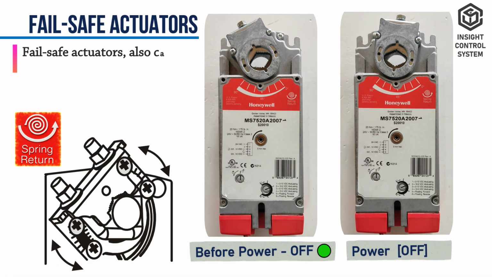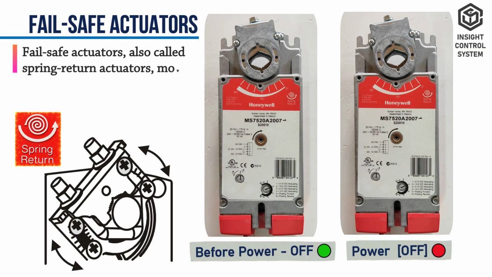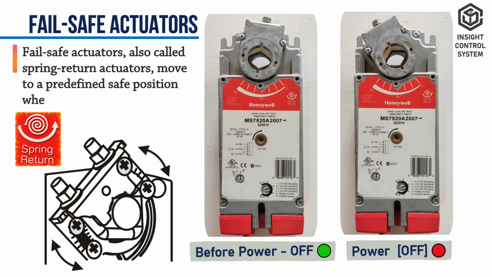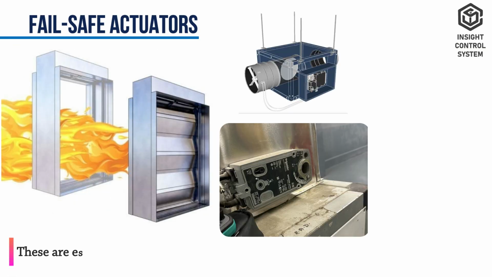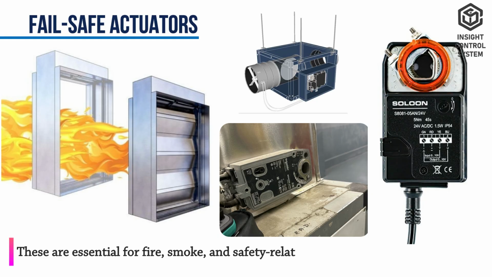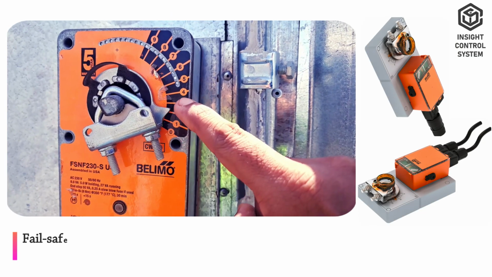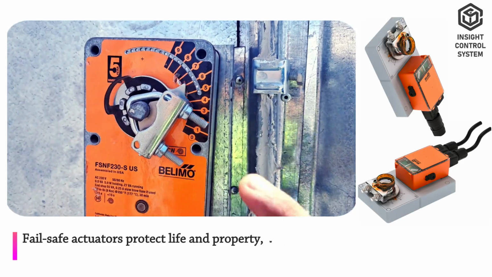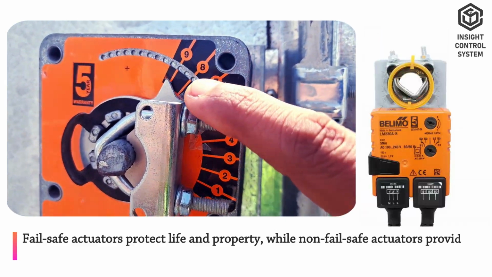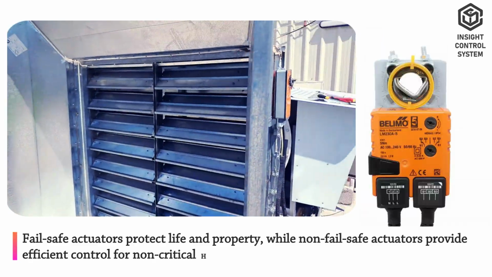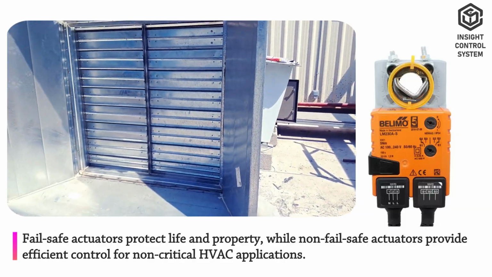Fail-safe actuators, also called spring return actuators, move to a predefined safe position when power is lost. These are essential for fire, smoke, and safety-related applications. Fail-safe actuators protect life and property, while non-fail-safe actuators provide efficient control for non-critical HVAC applications.